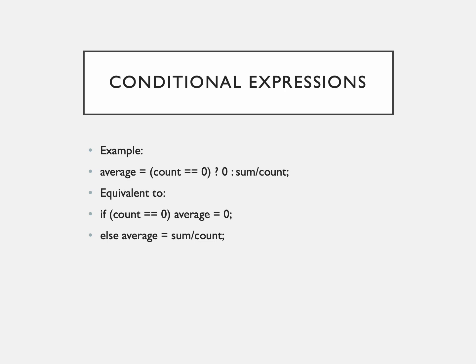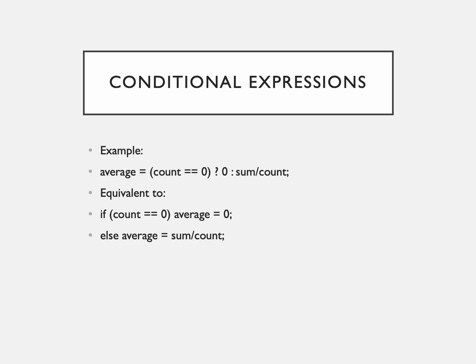If count is equal to 0 is true, average is assigned 0. If the condition is false, average is assigned the result of sum by count. So this is equivalent to a normal, regular if else condition, but both approaches produce the same result.